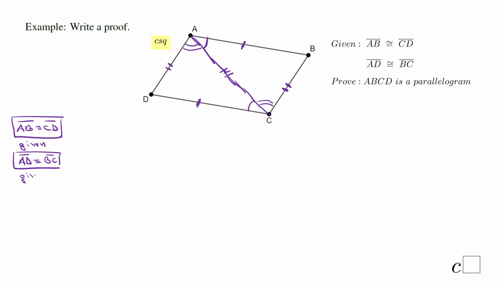Now, the only thing I'm going to add here at this moment is going to be what? AC congruent to itself. It's a common side. If you remember, this one has a name, it is called reflexive property of congruence.